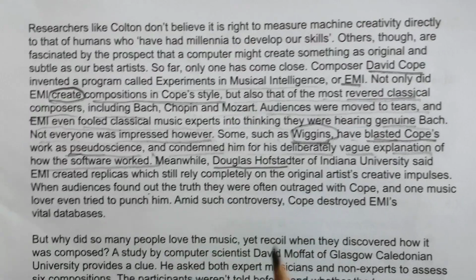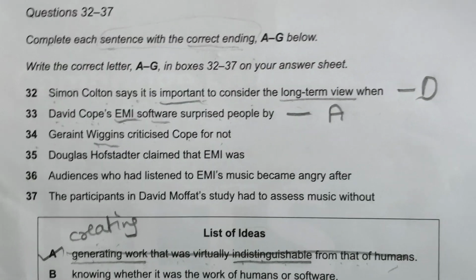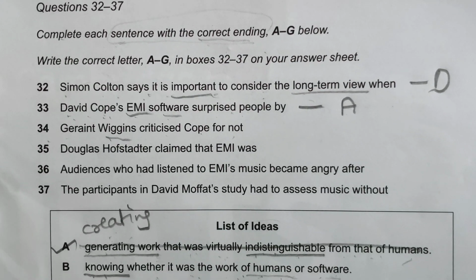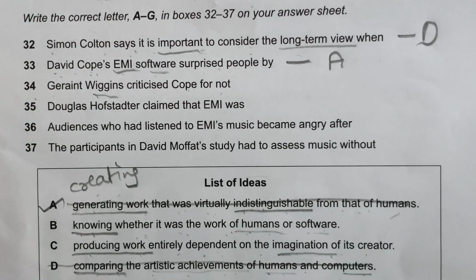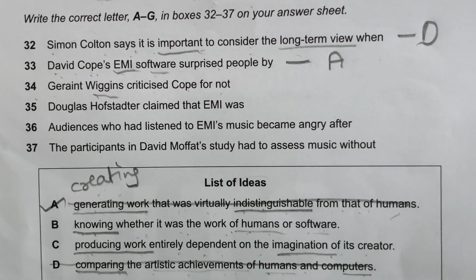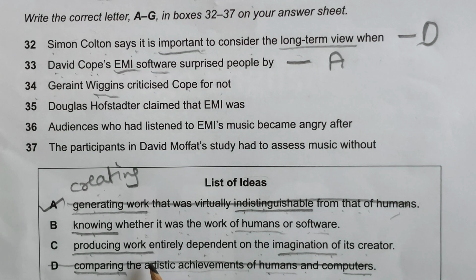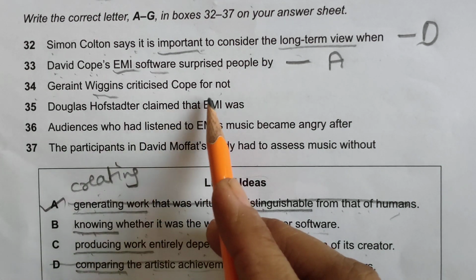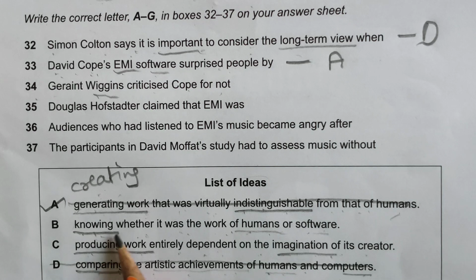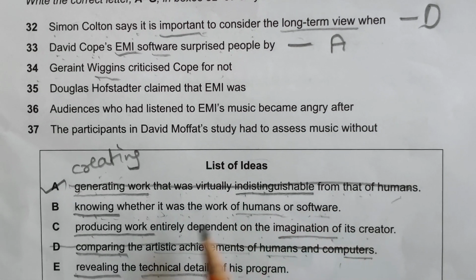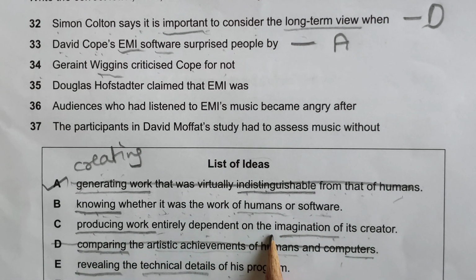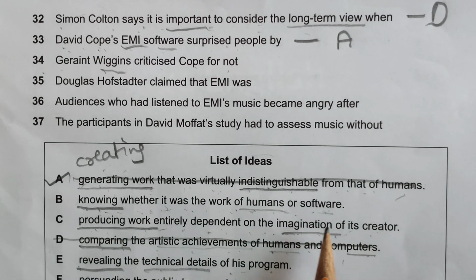Meanwhile, Douglas. Okay, now the next writer has come. Let's read the options. It is very easy to find these kinds of questions because they are in order in the passage. Gerents criticized Cope for not knowing whether it was the work of humans or software? No. Producing work entirely dependent on the imagination of its creator?